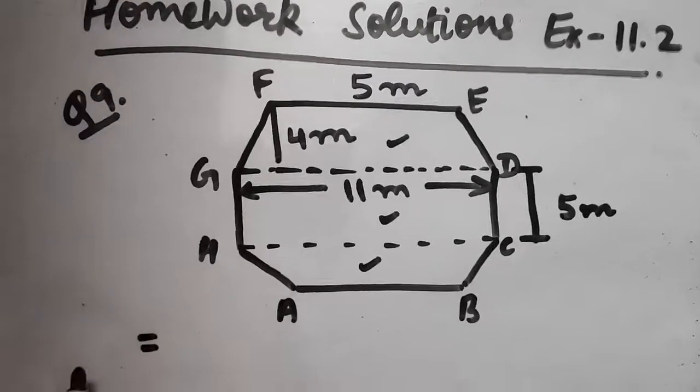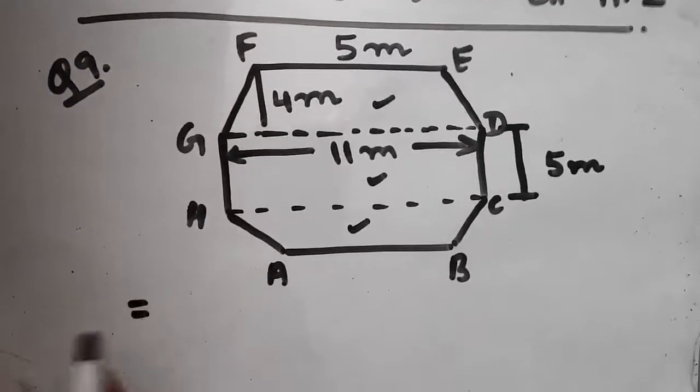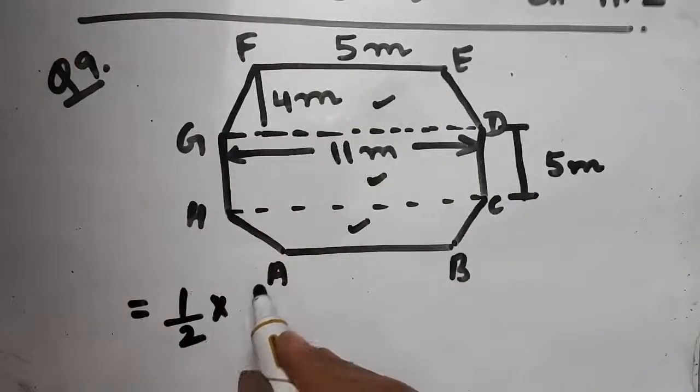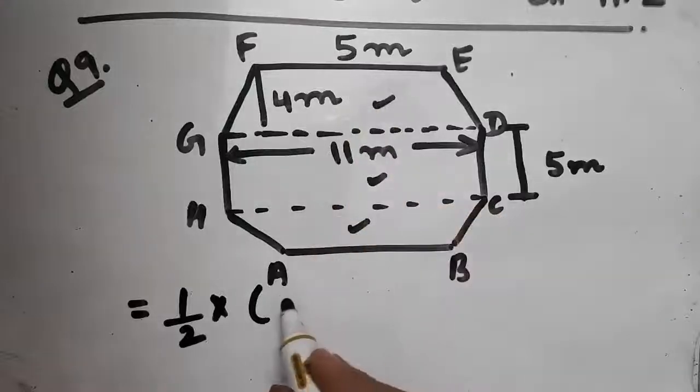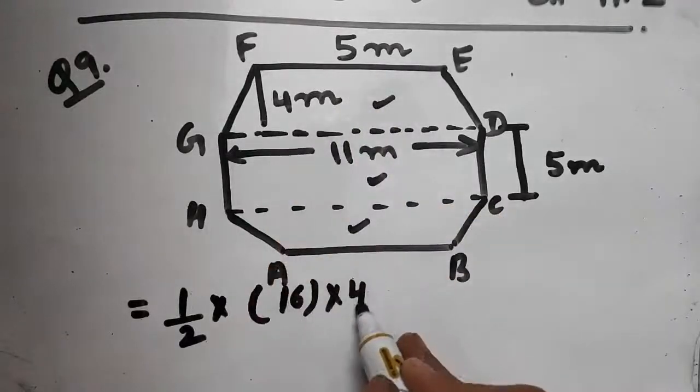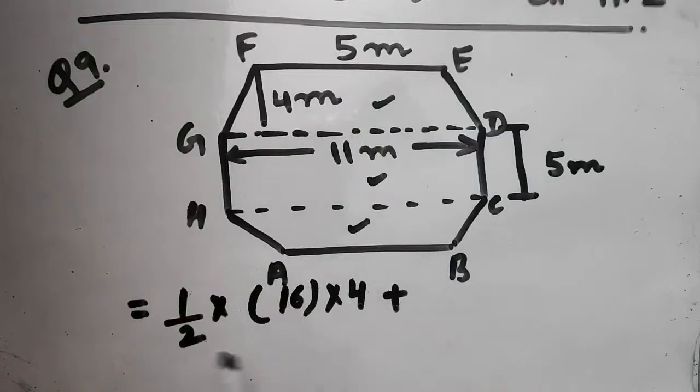So it will be half into sum of parallel sides, 11 plus 5, it will be 16, into distance between them, that is 4, plus, as these are two trapeziums, so this area can be multiplied by 2, plus area of this rectangle.